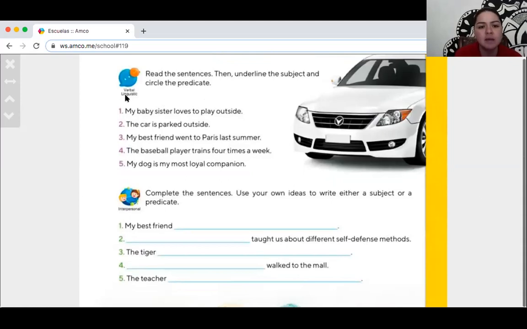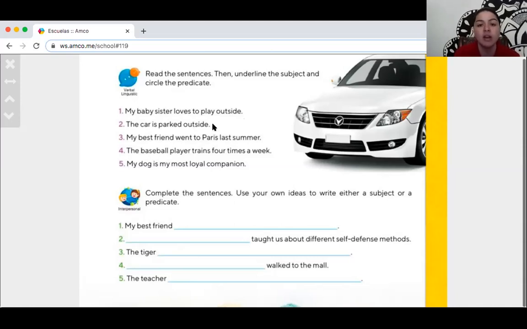Who is this sentence about? The babysitter. And what is the babysitter doing? Loves to play outside. So you're going to circle this and underline the first part. Now the second, the car is parked outside. What must you underline? The car or is parked. Well, now you should be able to answer that.